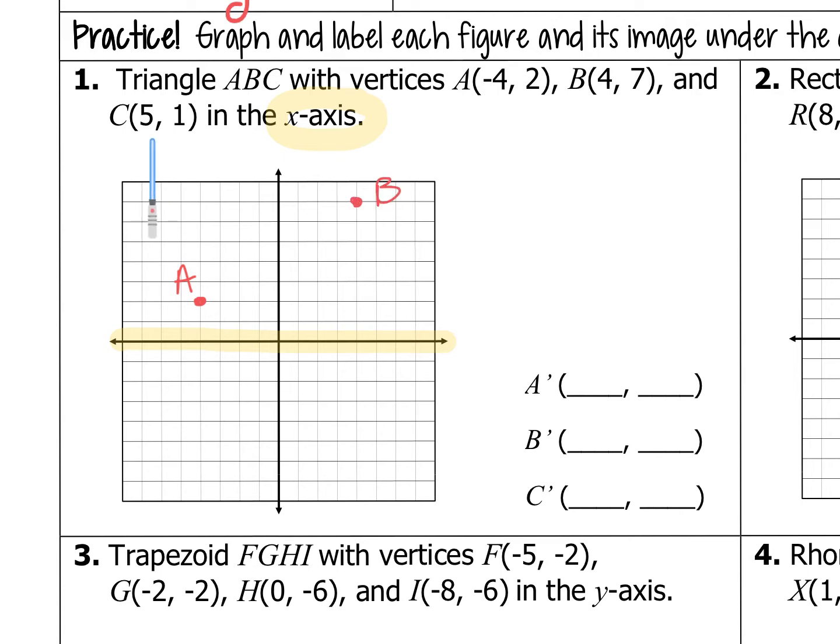And then for C, we're going to plot 5, 1. So to the right 5, 1, 2, 3, 4, 5, and up 1. Plot a point there and title that C. Then we're going to draw some lines with a straight edge.